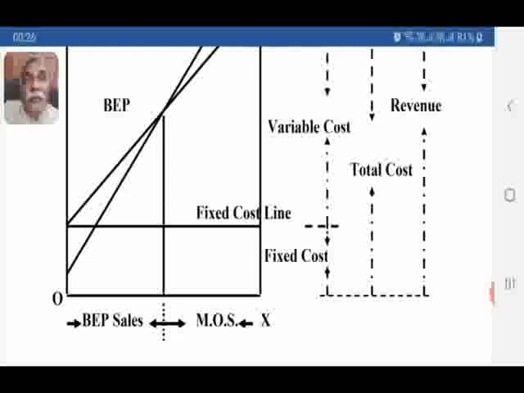You just see, above the x-axis, horizontal, there is one more line that is called the fixed cost line. So from the x-axis to the fixed cost line, this is fixed cost.